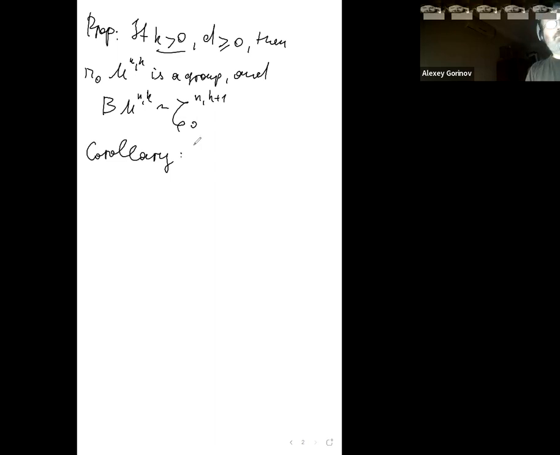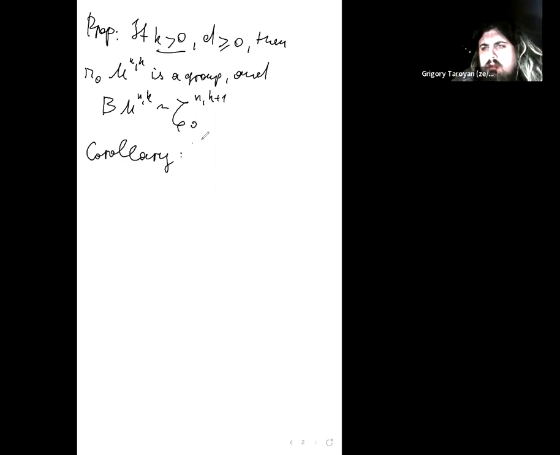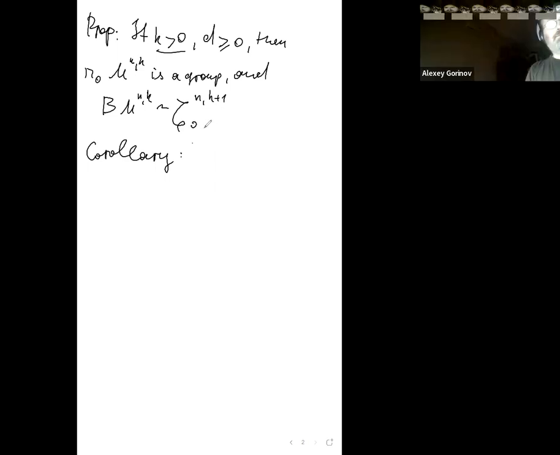And as a corollary, I'm sorry, what is C naught? C naught, which is the component which contains the base point.